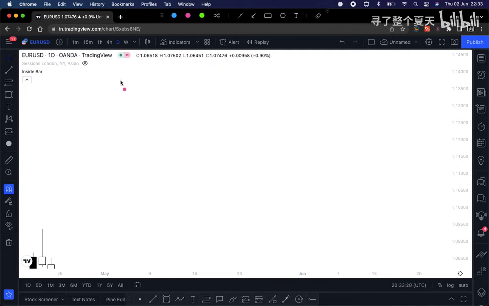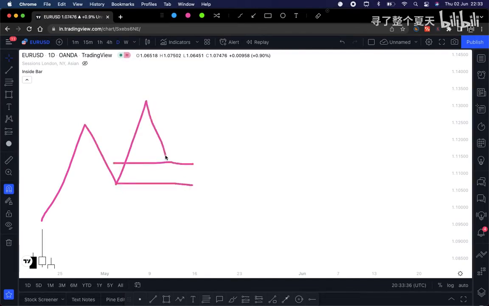Let me just do this. Let's say you're on the monthly time frame, and the monthly time frame is like this. We have a monthly time frame point of interest around this area here. Price comes and mitigates the monthly time frame point of interest.